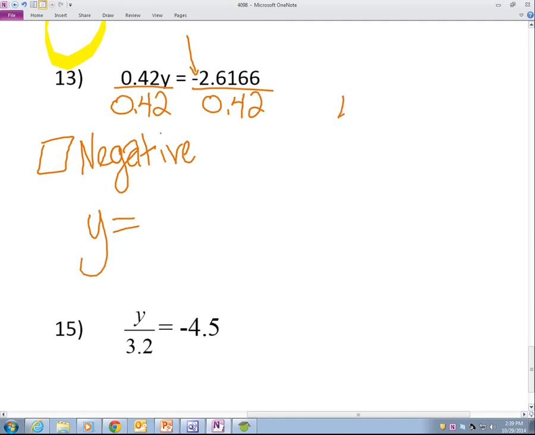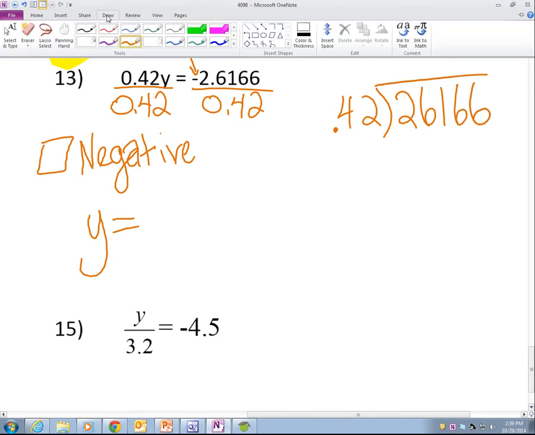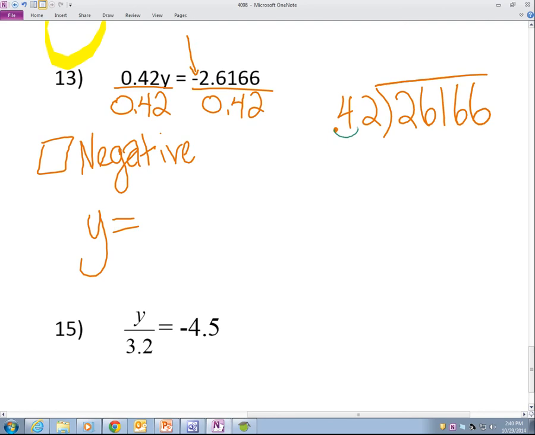So now I set it up. 0.42, I'm going to just bring that back later. 26.166. I need to make sure that I do not have any decimals in my divisor. Here's where the decimal was. 1, 2. Put my decimal straight up there. So that's gone now. That's gone now. And that's gone now. 6.